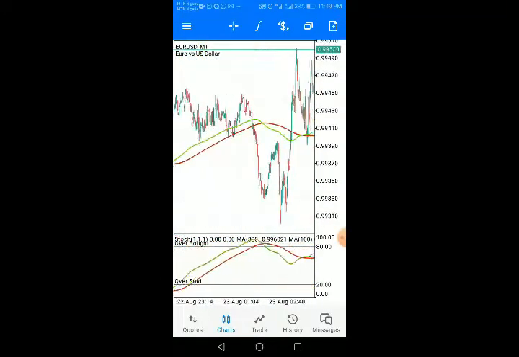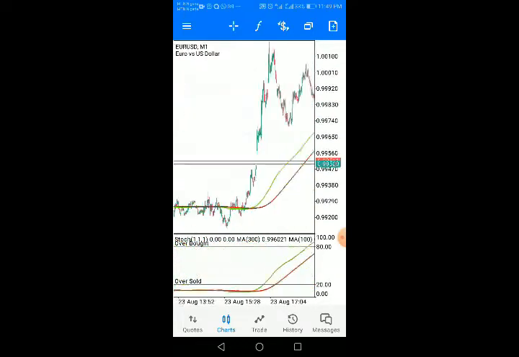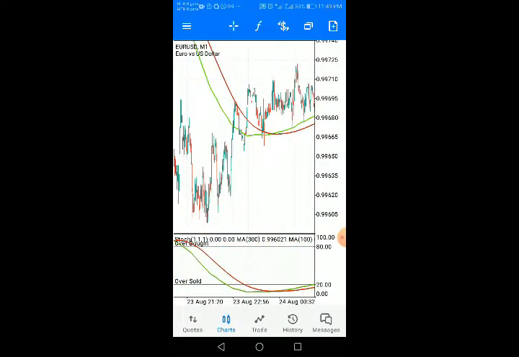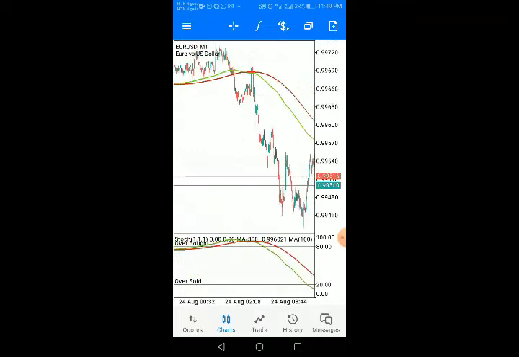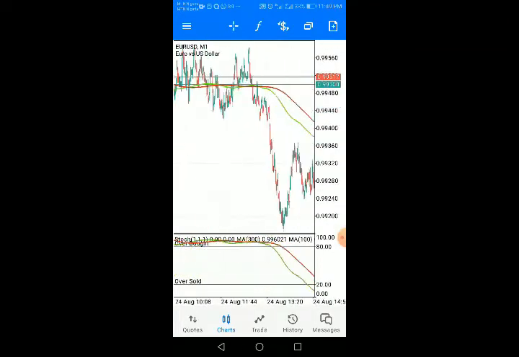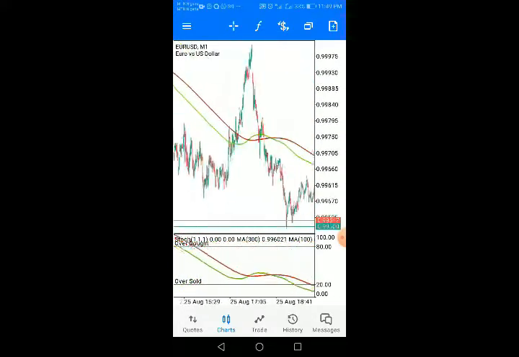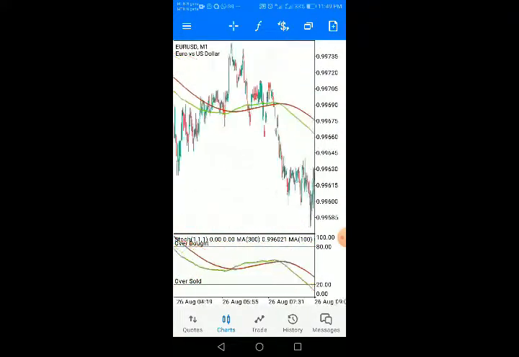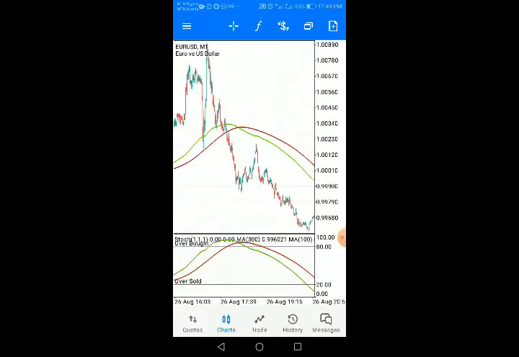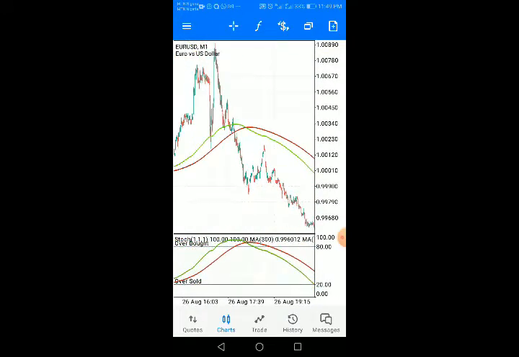So this is Euro USD. You can actually use this strategy to trade anything as long as it is on a chart and there's price action, and it's a market like this that moves. You understand? So as long as there's price action, definitely this strategy works.